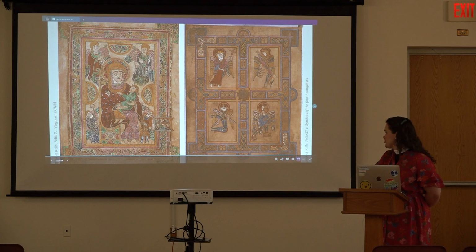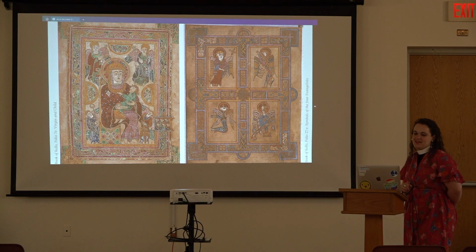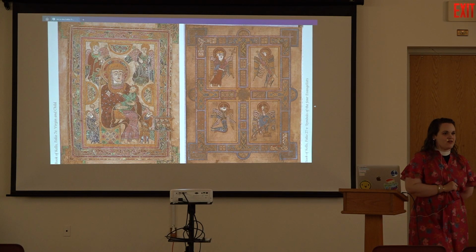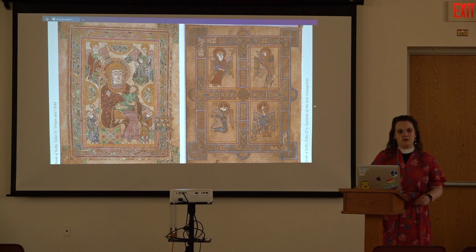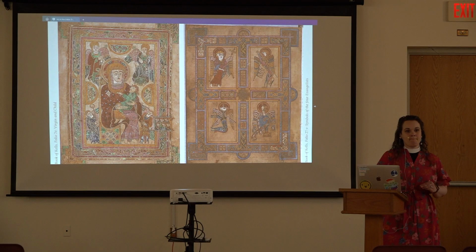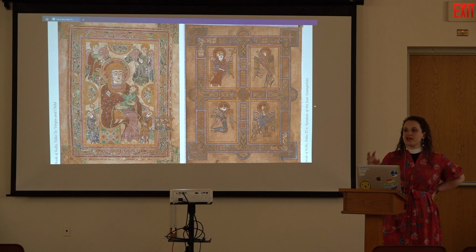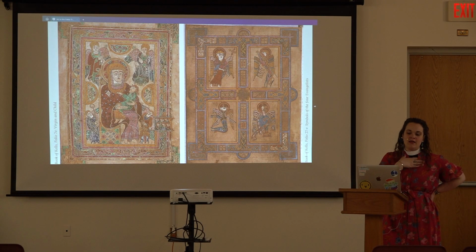Any thoughts or questions related to these pages from the Book of Kells or the other books? The question is about whether the switching of identities here was a purposeful choice or a misunderstanding.